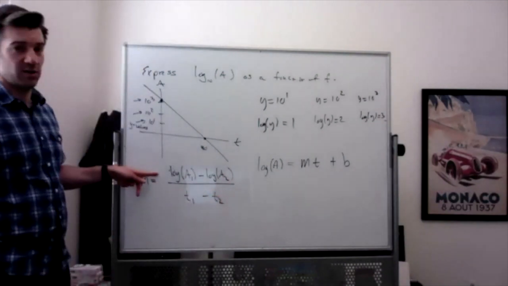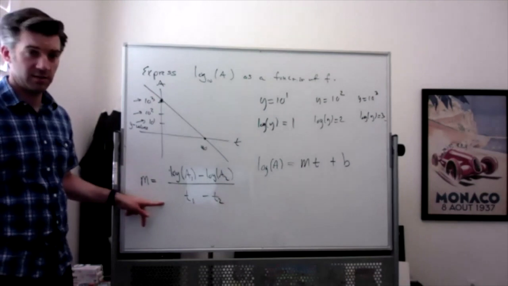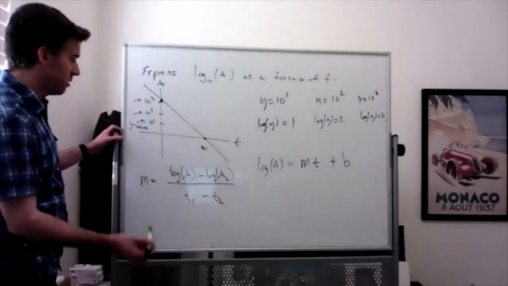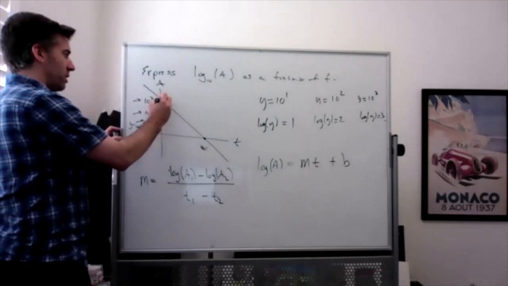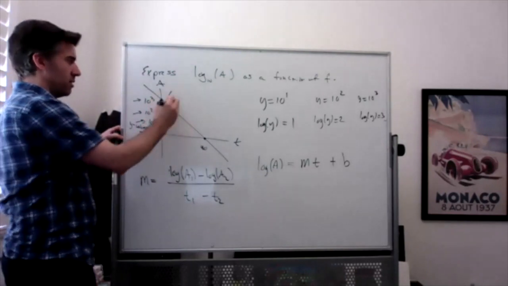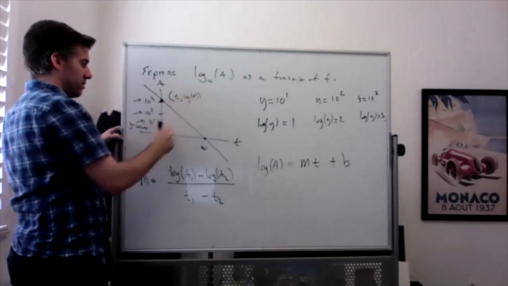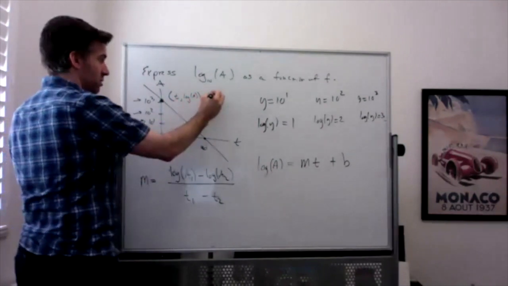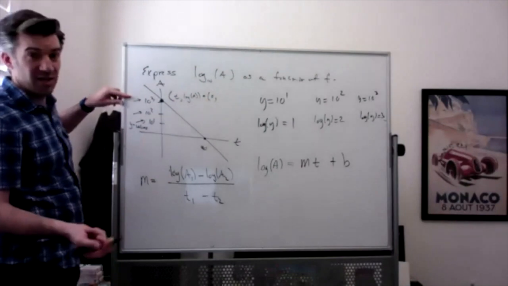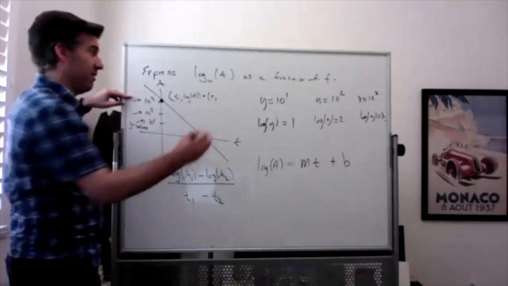Essentially your difference in y's over your difference in x's. I'm looking at this point here. So this point as (t, log of a): the t value is 0, the a value is 10 to the third, and the log of a value is 3.